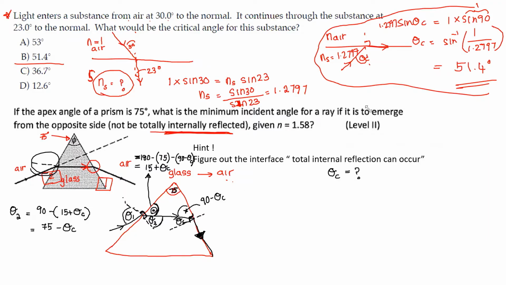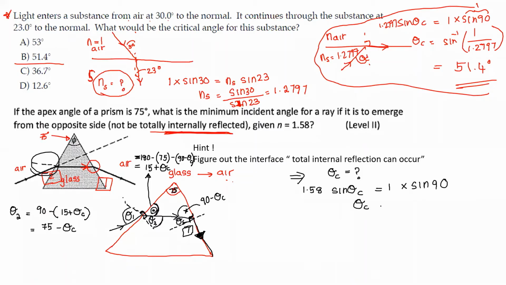So my first problem to you is find theta c and tell me the answer. I'm also starting to do that. To this surface, I'm going to apply Snell's law. N glass 1.58 times sine theta c is equal to 1 times sine 90.